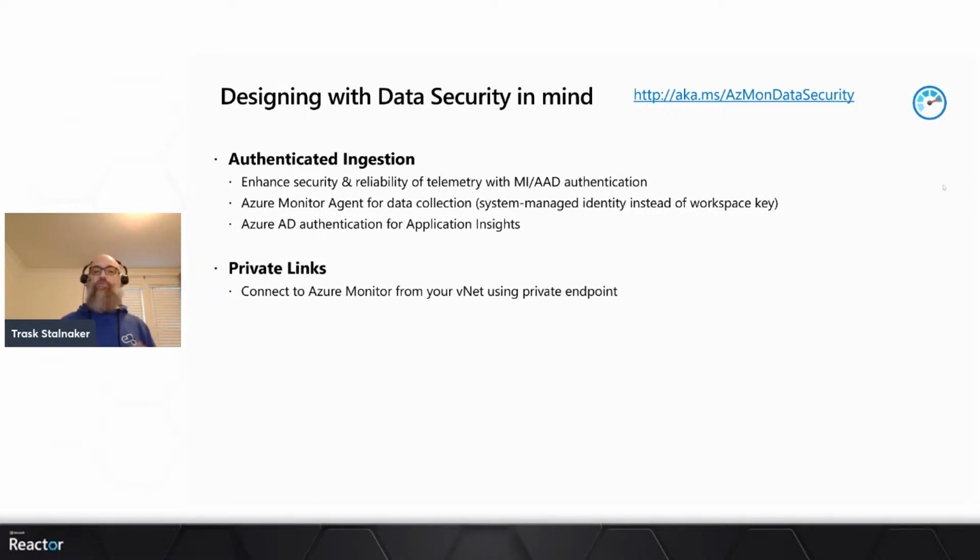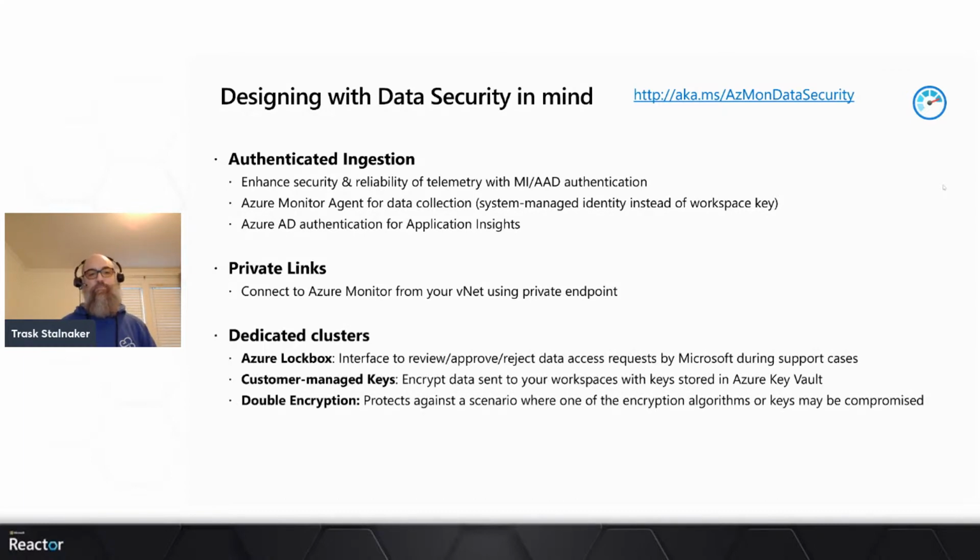And this would be the telemetry coming from the Application Insights Java agent in this case. There's the private link, Azure Monitor private link service, AMPLS. This makes it really easy to use Azure Monitor inside of a private VNet with private endpoints.